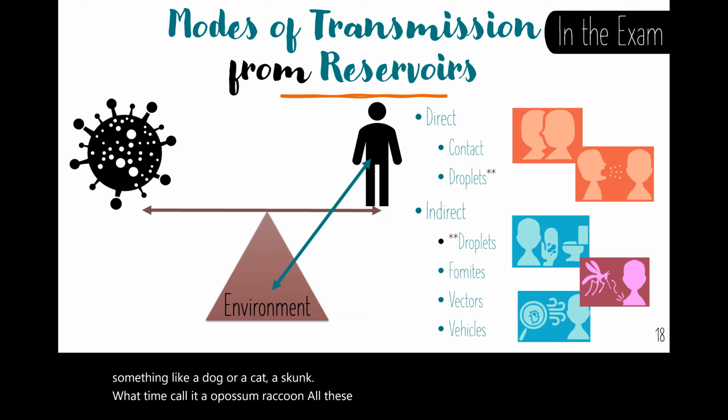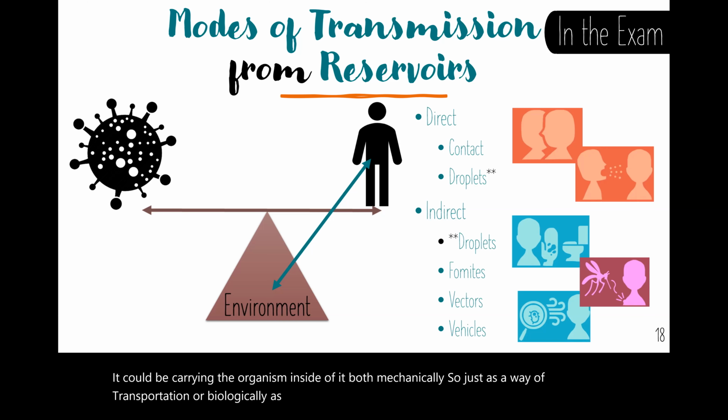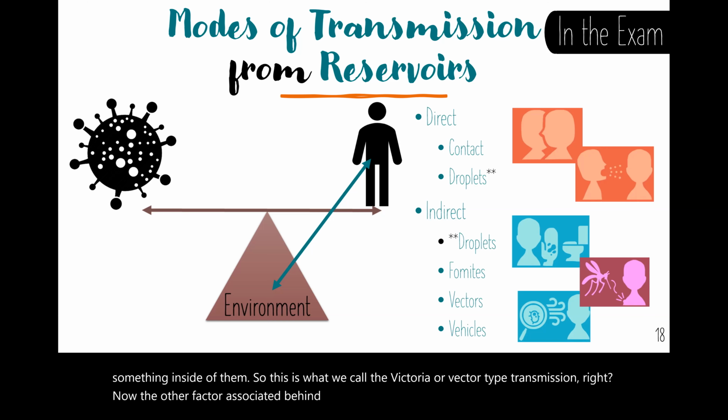Notice that most of these are four-legged, that could be carrying the organism inside of it, both mechanically, so just as a way of transportation, or biologically as a way to help them reproduce or grow or do something inside of them. So this is what we call the vectorial or vector type transmission, right? Now, the other factor associated behind this is what we call the vehicle.